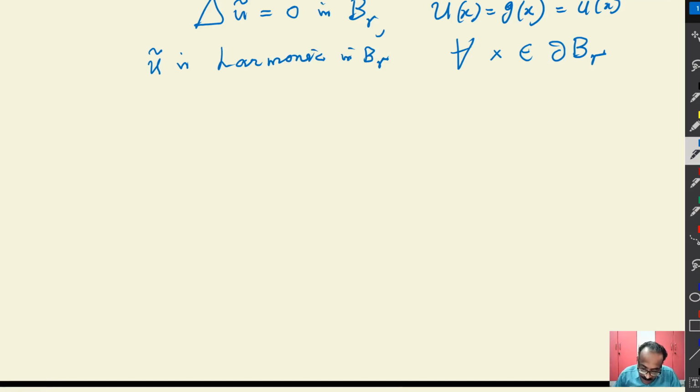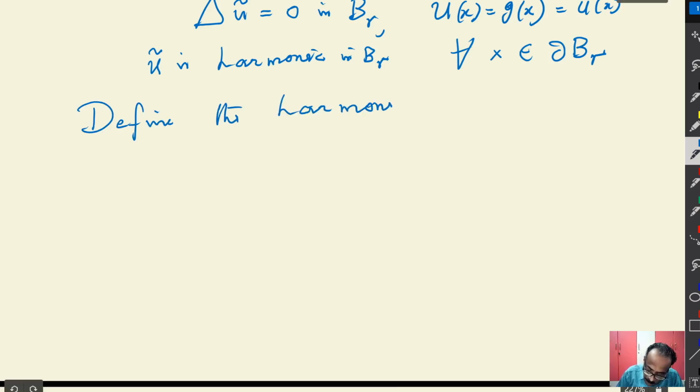Okay, so with that we now define the harmonic lifting, capital U in omega.